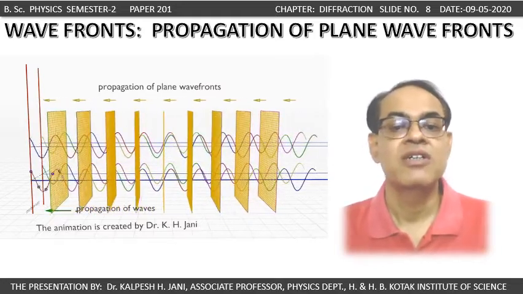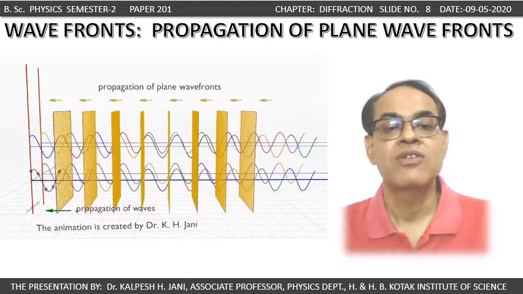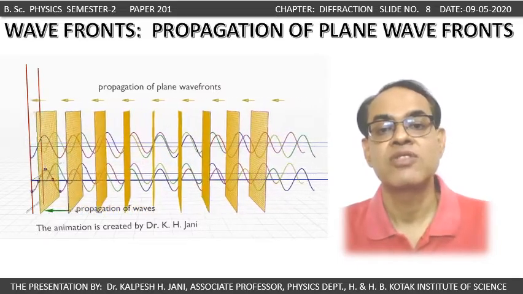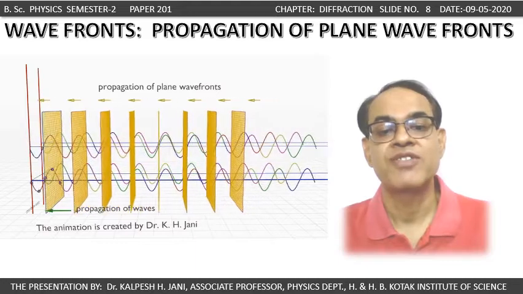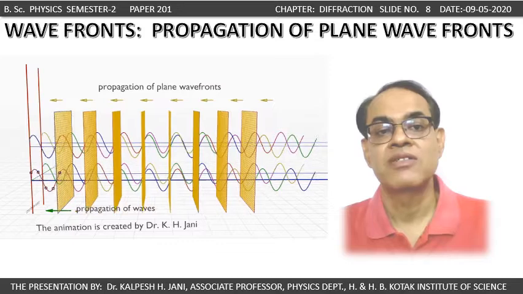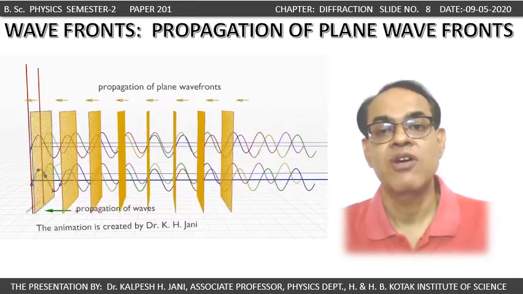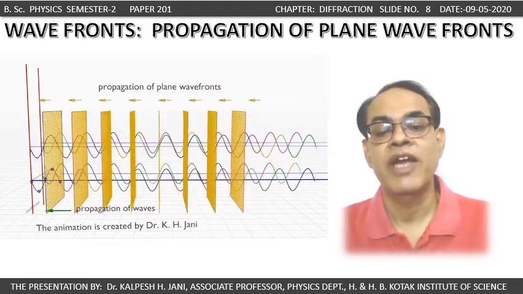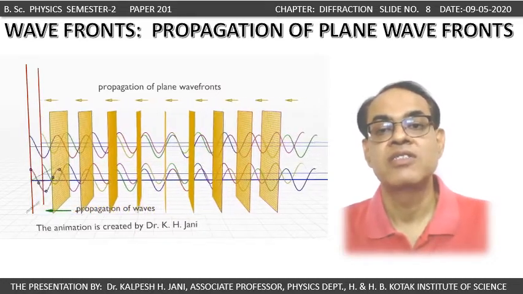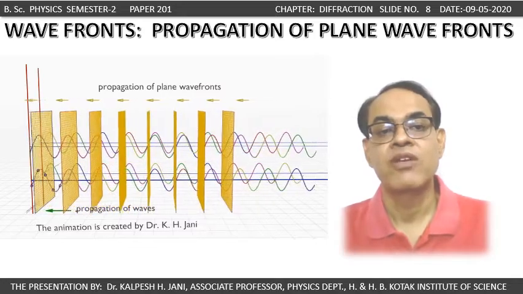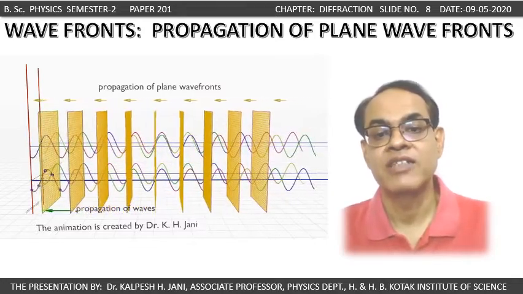So here we can regard now the motion of all these waves in terms of the motion of plane wavefronts. We can see the wave as the motion of these plane wavefronts, and the distance between any two wavefronts is equal to the wavelength of the wave. So let us go to the next slide.